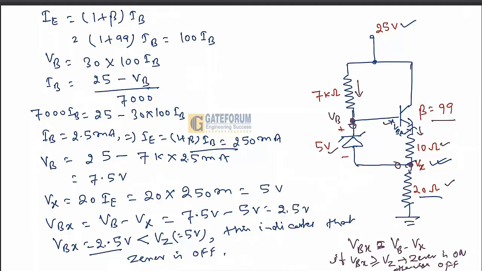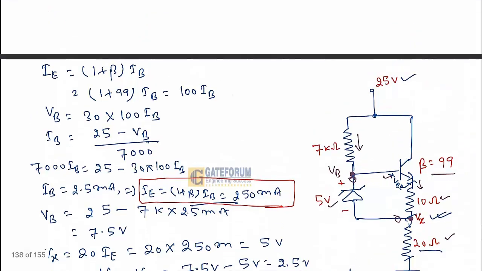If our assumption is correct, then whatever emitter current we got passes through this 10 ohm and 20 ohm, and it will be the same. The current passing through this 20 ohm we got as 250 milliampere. So the emitter current in milliampere is 250 milliampere.